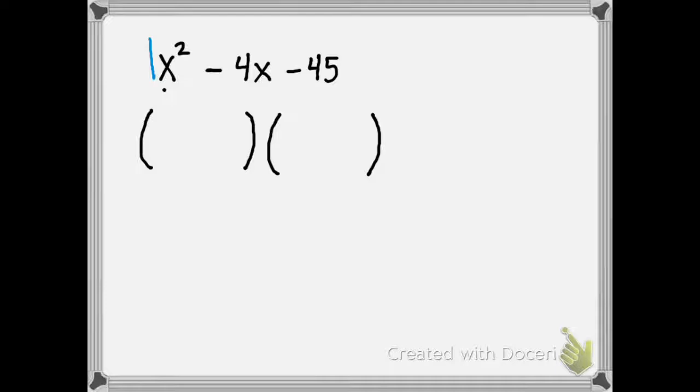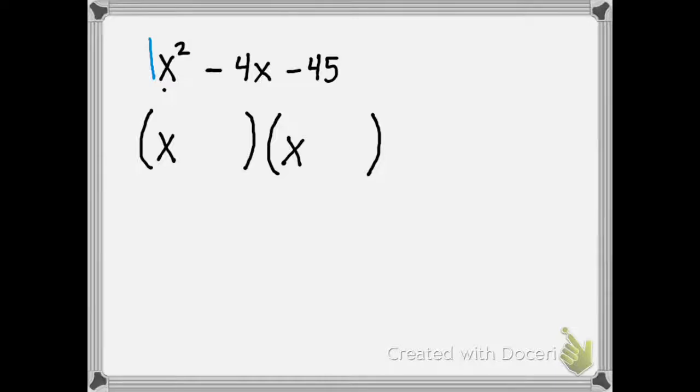So we'll put x here and x here. Now, the next thing we know is that the last terms in each of these parentheses have to multiply together to be the constant term, negative 45. So they're going to multiply to be a negative, so they need to be opposite in sign. One needs to be positive, the other needs to be negative.